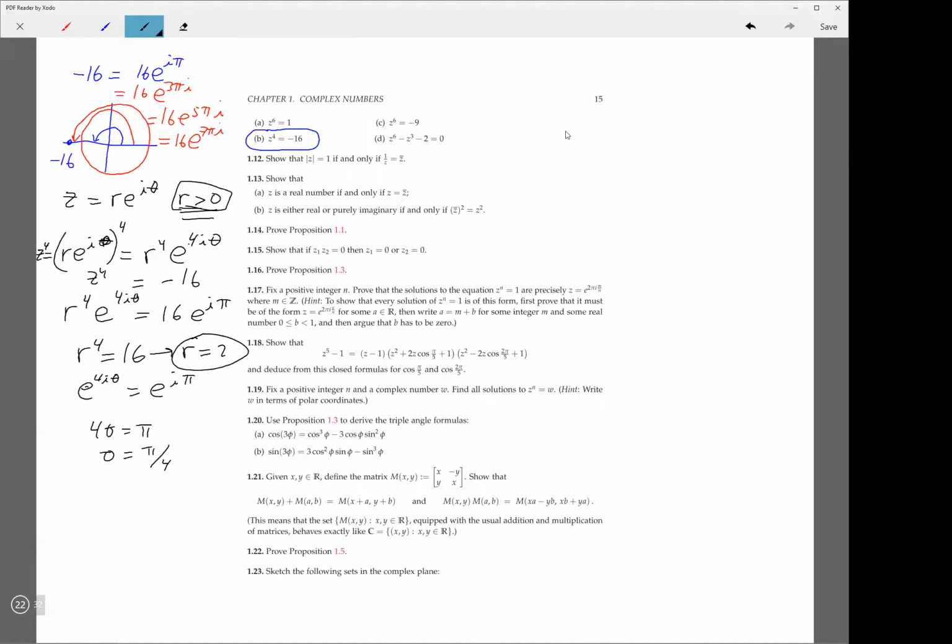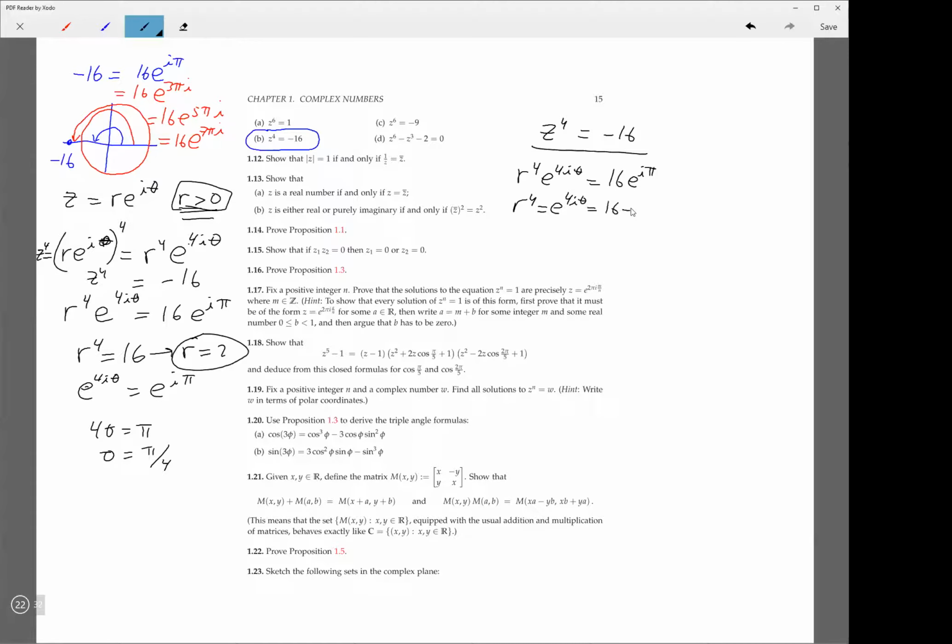Let me try to be a little bit more organized here. So you have z to the 4th equals negative 16. So you can come up with 4 equations. They're going to be r to the 4th e to the 4i theta equals 16 e to the i pi.